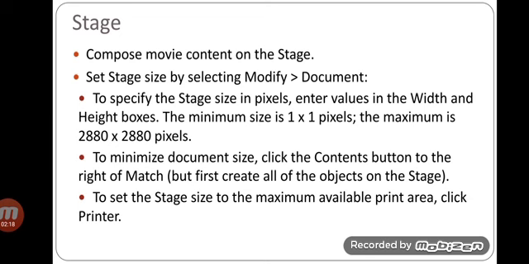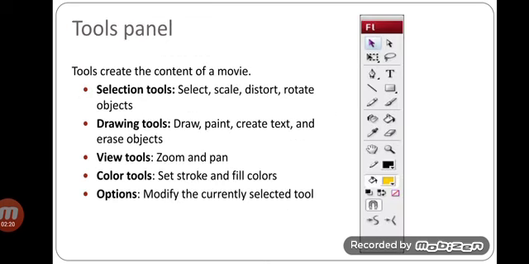So next we have the tools panel. The tools panel in Flash CS3 contains all the drawing tools as well as many editing tools. You will use this panel a lot. Most drawing tools have their own modifiers that control how the drawing tool works.